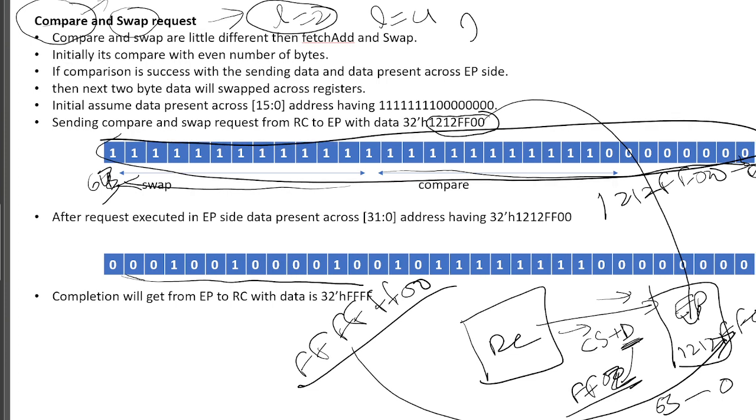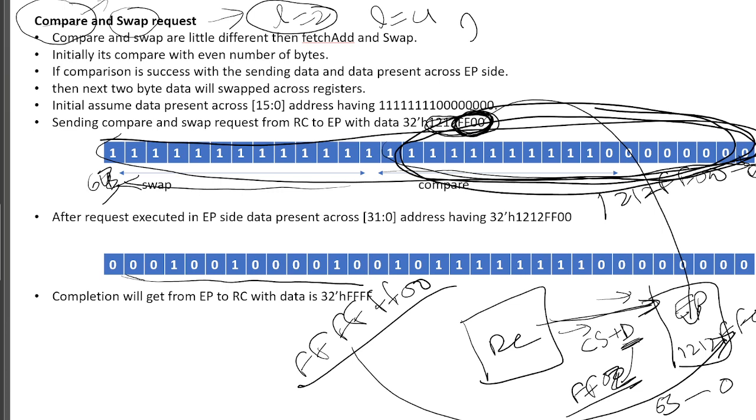Now you are sending this data. What are the first 32 bits? FF00, sent in the request from RC to EP side. What is the data present on the EP side? The first 32 bits are FF00 only, right? FF00 is already present. The same data in the first 32 bits is what you are sending.